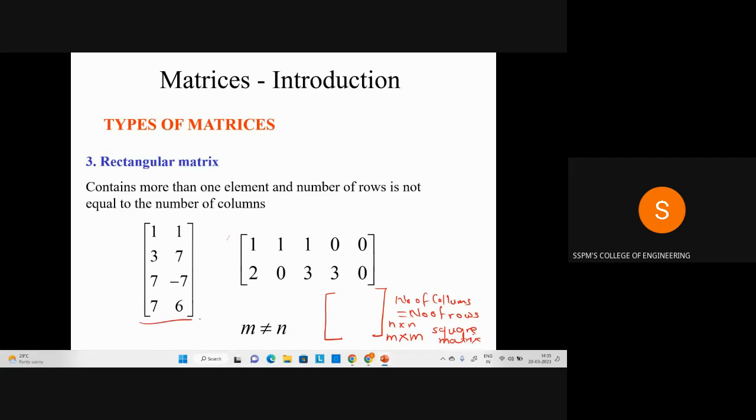But for this matrix the number of columns is not equal to the number of rows, that is m cross n with m not equal to n. This is called a rectangular matrix. A rectangular matrix has a different number of rows and columns.